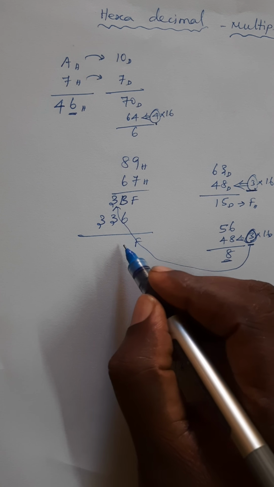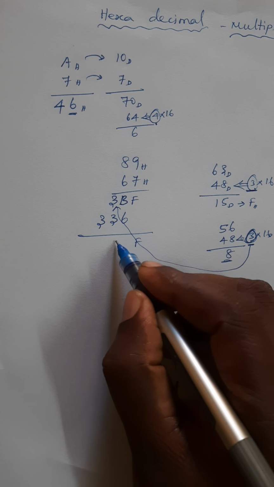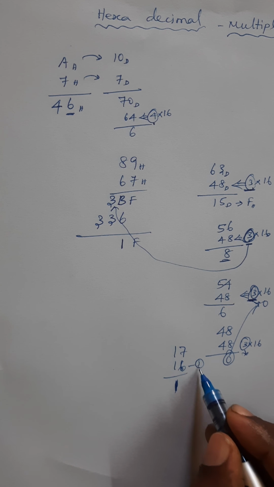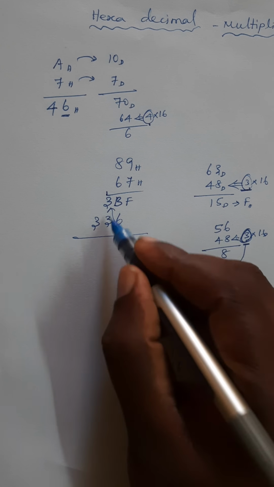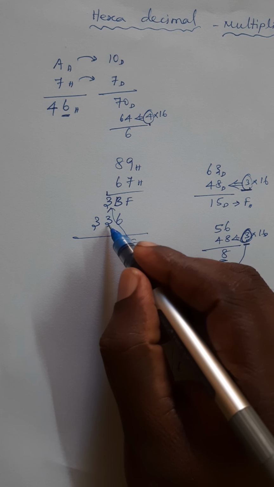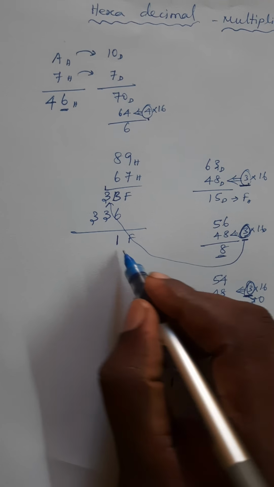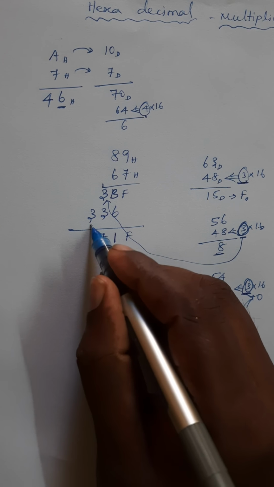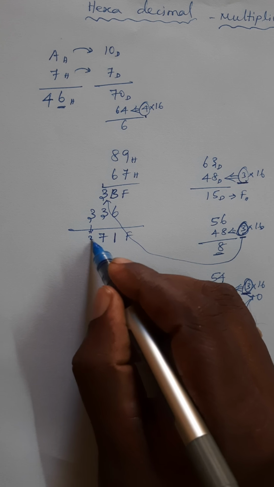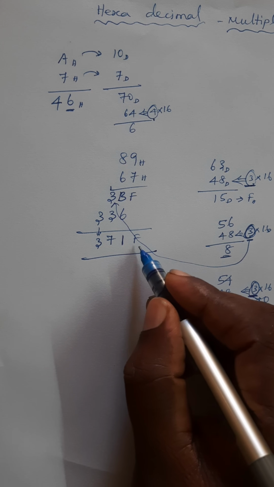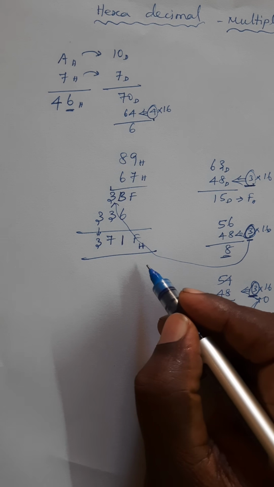So here we write the remainder, and carry 1 because one time we subtracted. So here it should be 3 plus 1, 4, plus 3, it is going to be 7. And this 3 comes as it is because there is no carry to be added. So the result is 371F hexadecimal.